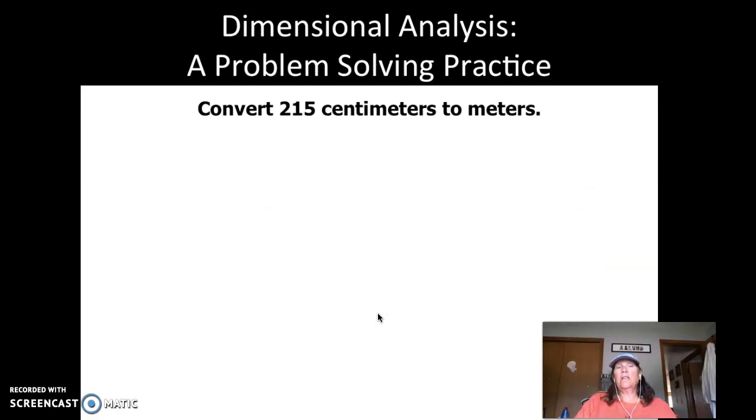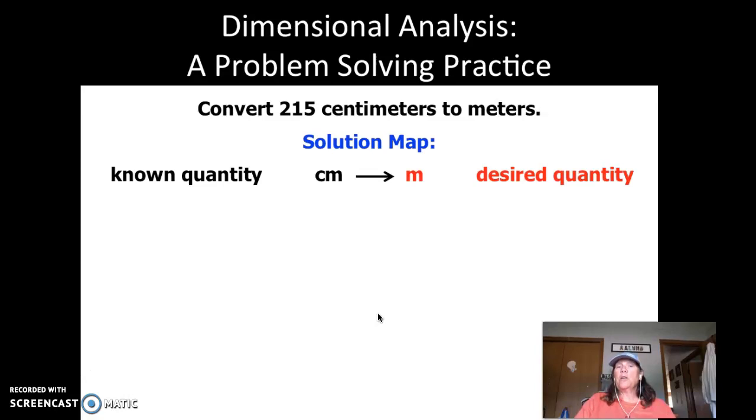Okay, if I want to convert 250 centimeters to meters, well, I know that there's 100 centimeters in 1 meter. So I'm going to have to use that quantity. And again, here's the maps. I don't know that you necessarily have to write all of them down. What I would write down is what I know, 215 centimeters times 1 meter is 100 centimeters. That's just like multiplying by 1.